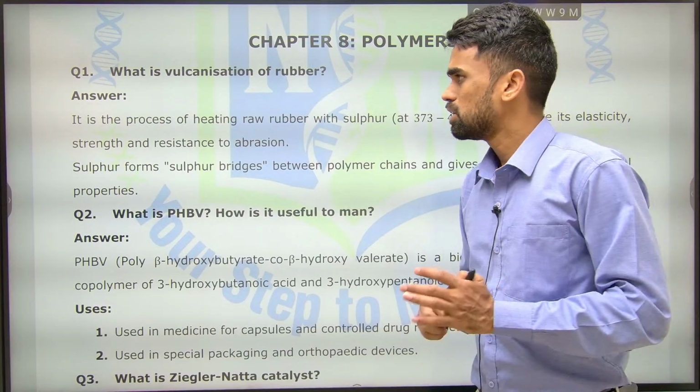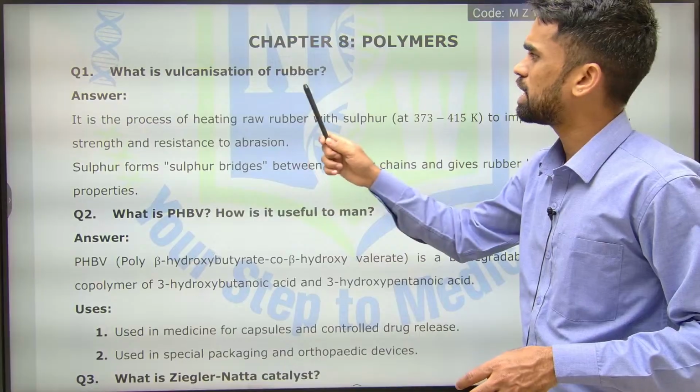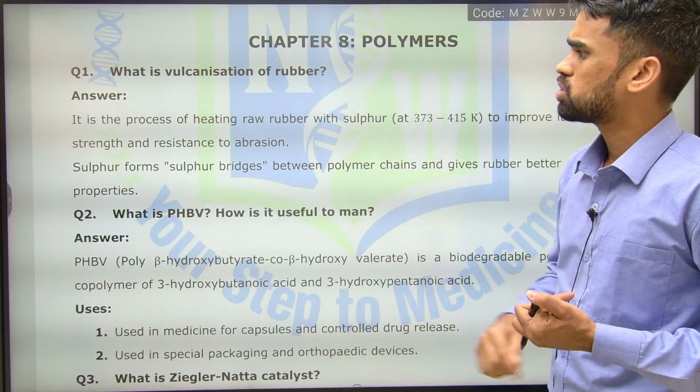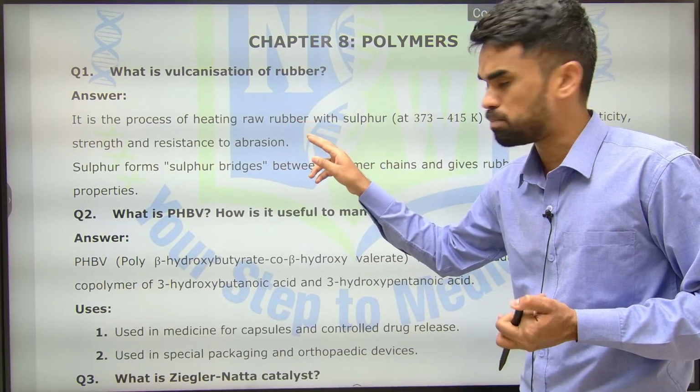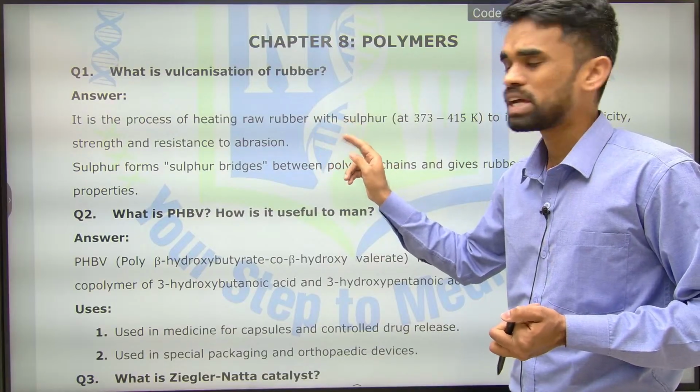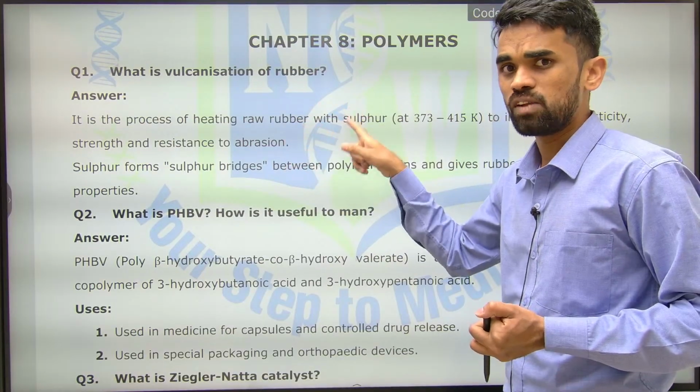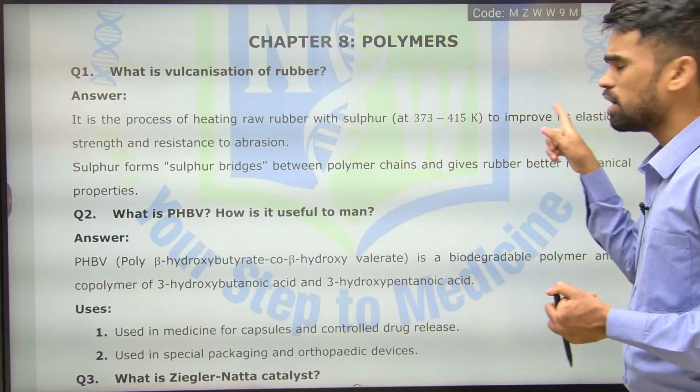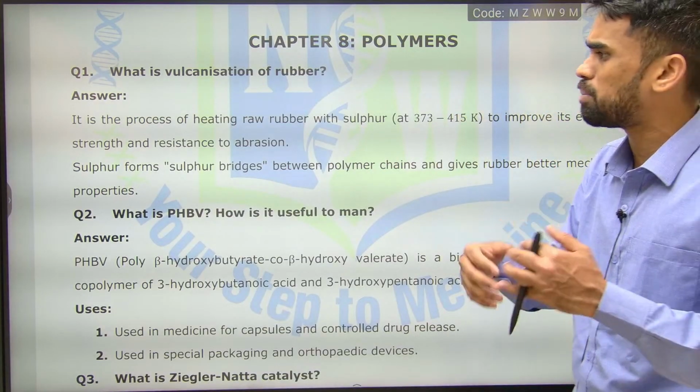Now look at this: what is vulcanization of rubber? It's a process of heating raw rubber with sulfur, so that it improves the elasticity of rubber.